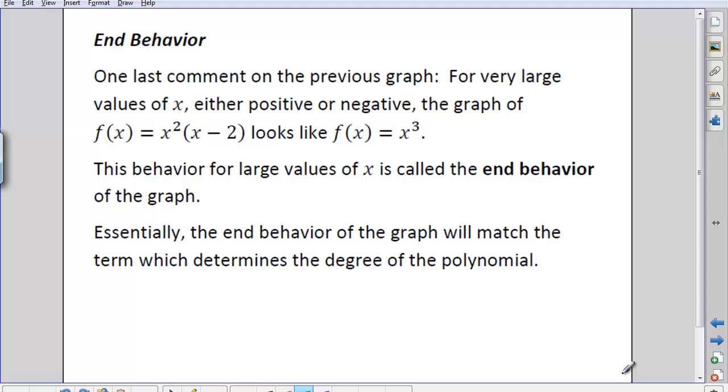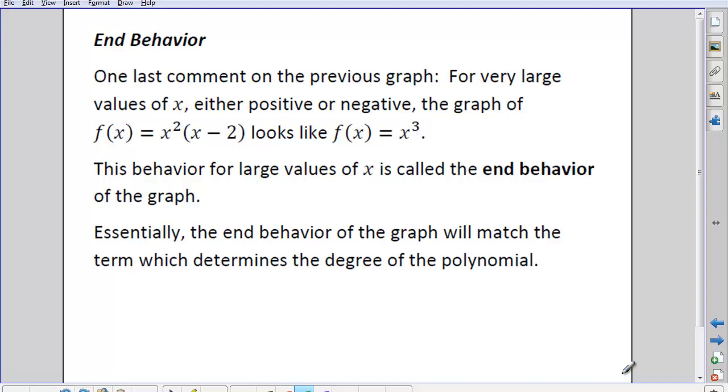And the last concept we'll look at here is end behavior. What end behavior is, is basically what the ends of the graph do, the far left and far right ends of the graph. Really what happens there is it matches whatever term determines the degree of your function.